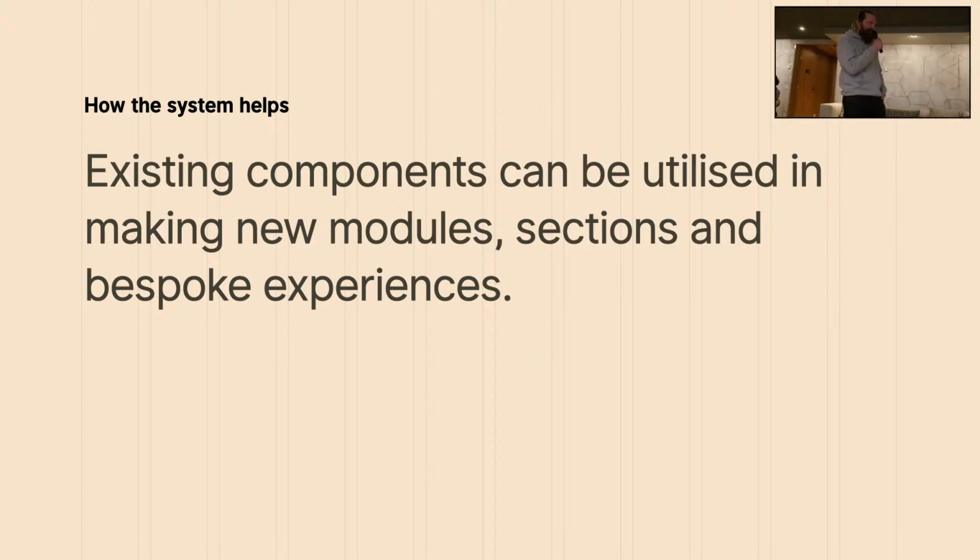And how does the system look here? Well, the existing components can be utilized to make new modules and sections so that we can easily create bespoke experiences without having to make anything from scratch.